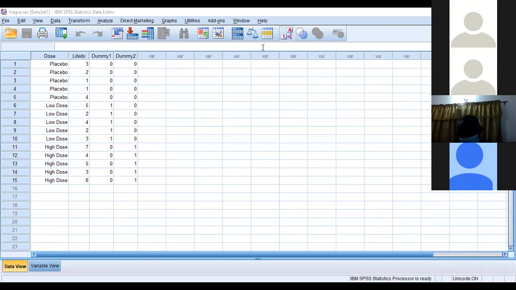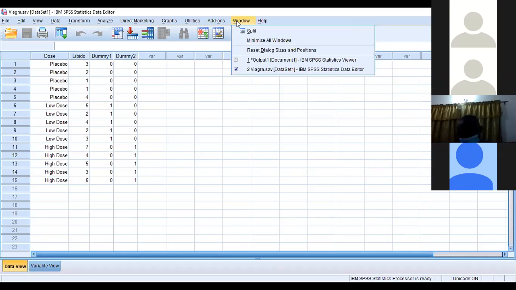If you click on window, you see window up here. You will see output. There is another one, output number one. Click on that one. Is it number 1 or 2? Number 1.